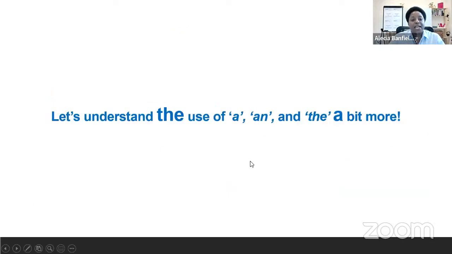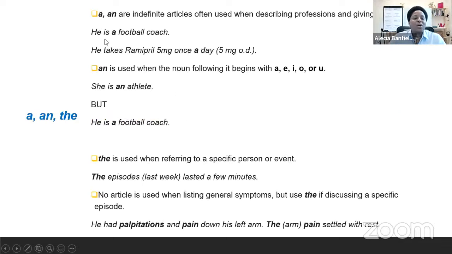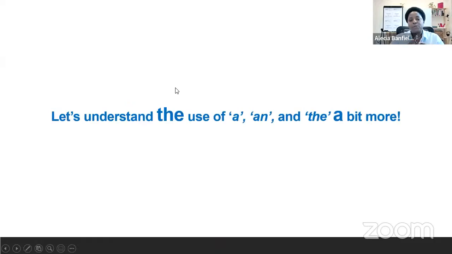So let's understand the use, very briefly, of a, an, and the a bit more. See what I did there? Articles. So a and an in English are indefinite articles. Actually, let me go back a little bit and mention at this point that it's understandable why many people make errors with articles in English.